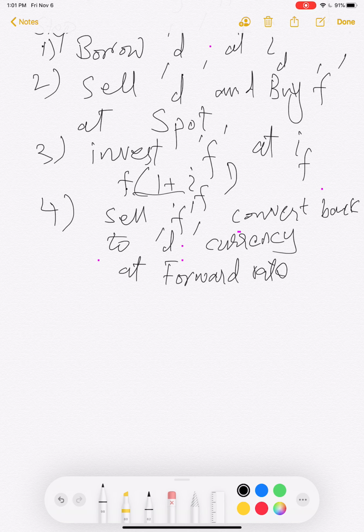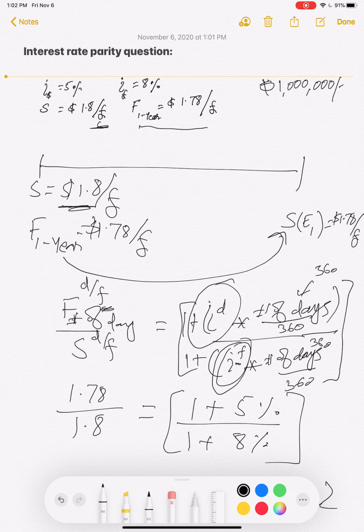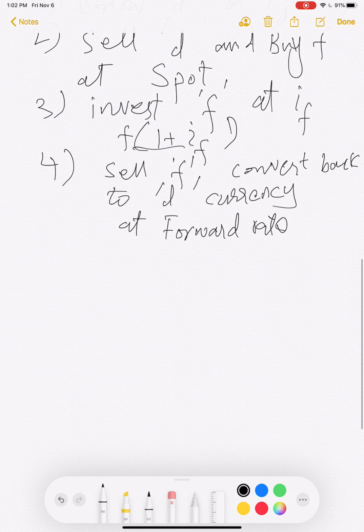Right? Now let's start how we actually do these questions. If you remember, the total funds we have available to invest and earn the covered interest arbitrage is 1 million. So we will start with the 1 million.